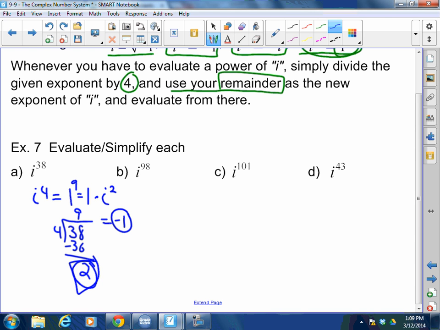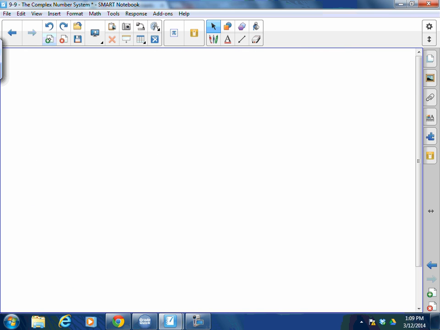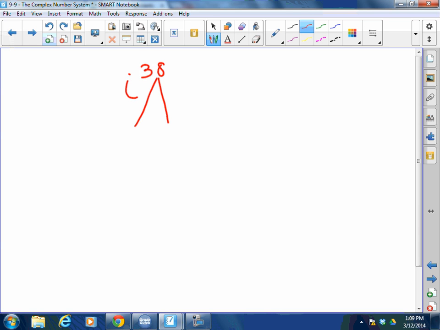No, 9 is not. No, remember, we're looking for sets of 4. Okay, look, guys. I'm going to do it the way they normally do it, which I hate, but I want you to understand this. We said 38. How many sets of 4 can I pull out of here?